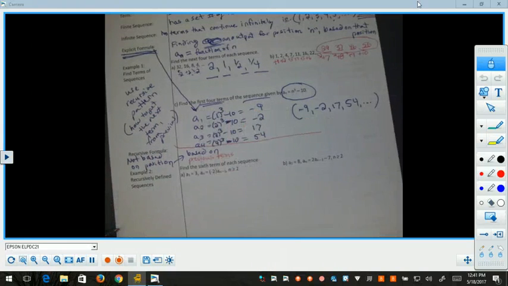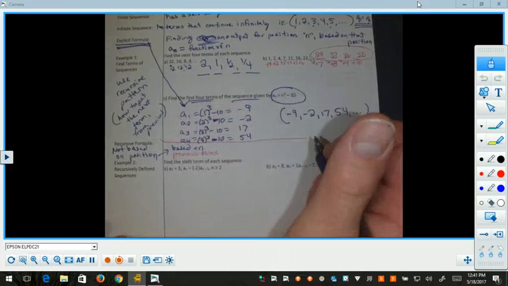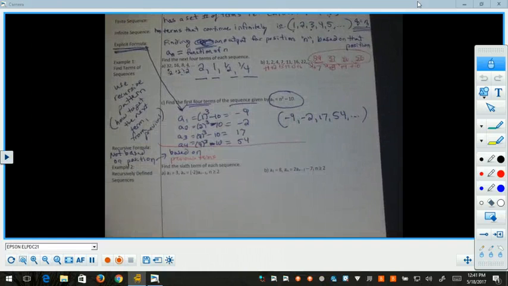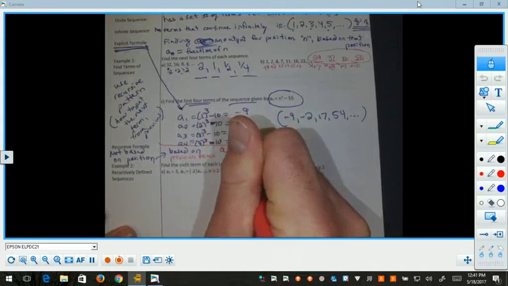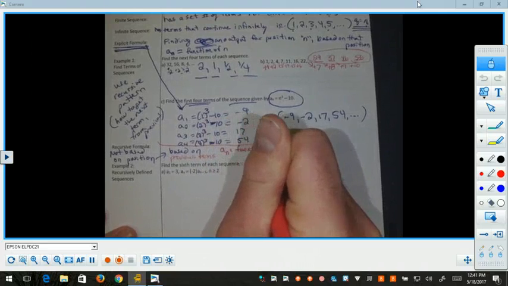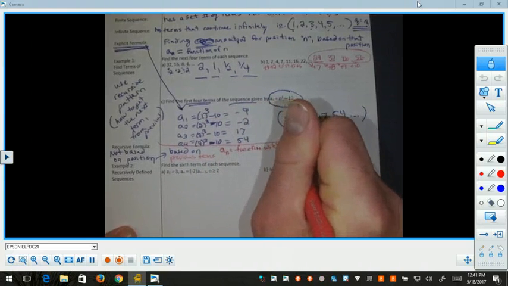It may be based solely on the previous term, or it might be based on several previous terms. We don't know yet. It just depends on the sequence. So we're going to have a sub n, which will be a function involving a sub n minus 1.